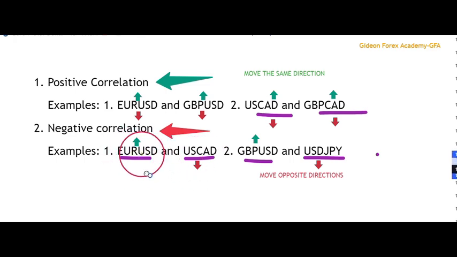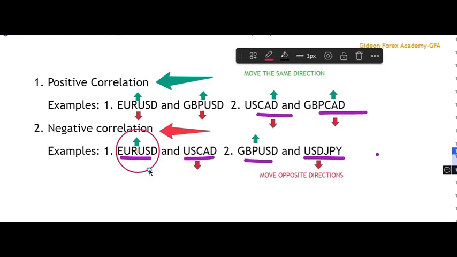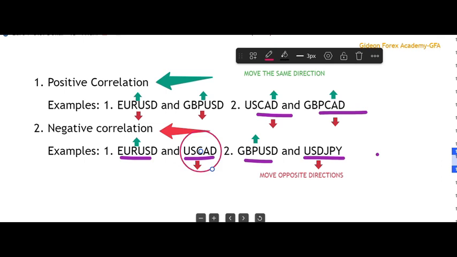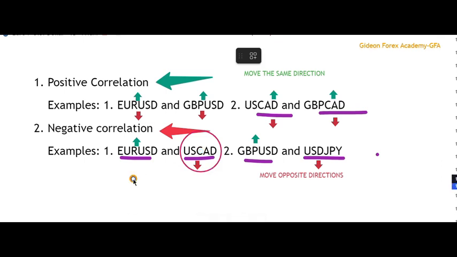The reason is because if you bought the EUR/USD and it is in a loss, it means even here you will be losing the trade, because if you sold here, it will move up. Why? Because the US dollar here is the quote currency, and the US dollar here is the base currency.